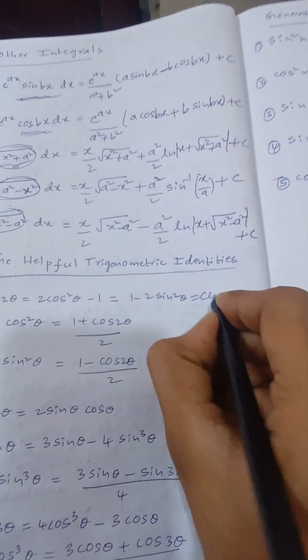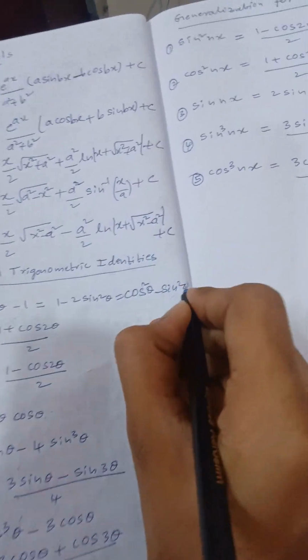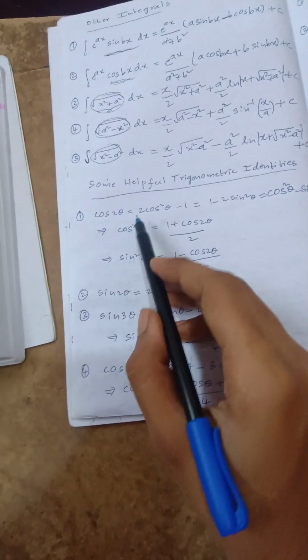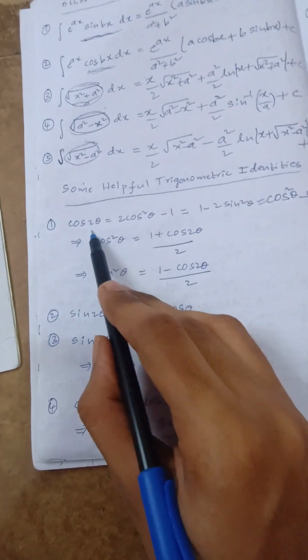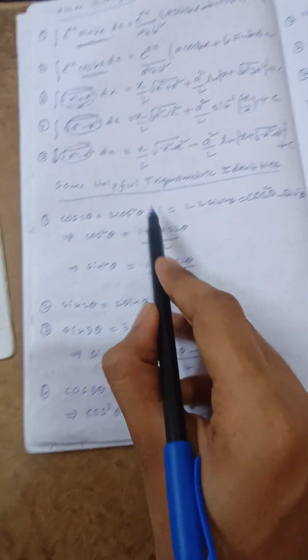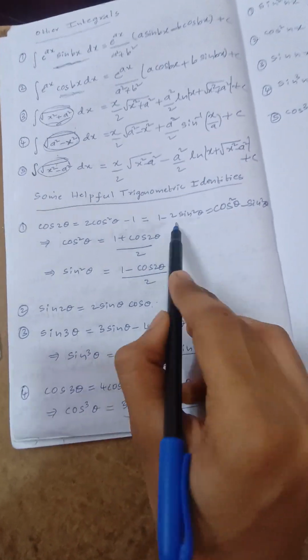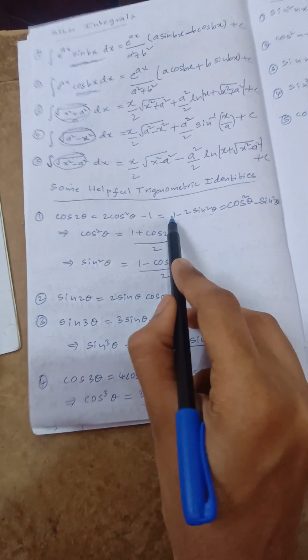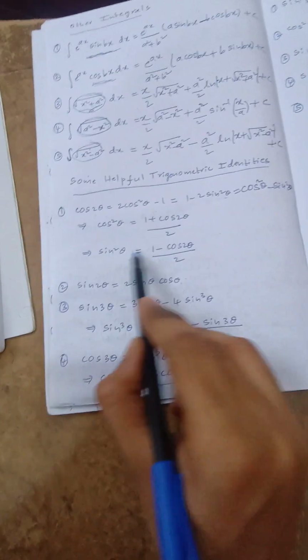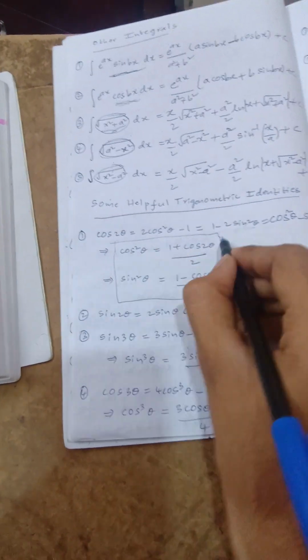Also you can write it as cos square theta minus sin square theta. From 2 cos square theta minus 1, we get cos square theta as 1 plus cos 2 theta by 2. From 1 minus 2 sin square theta, we get sin square theta as 1 minus cos 2 theta by 2. These are the important formulas which will be useful.